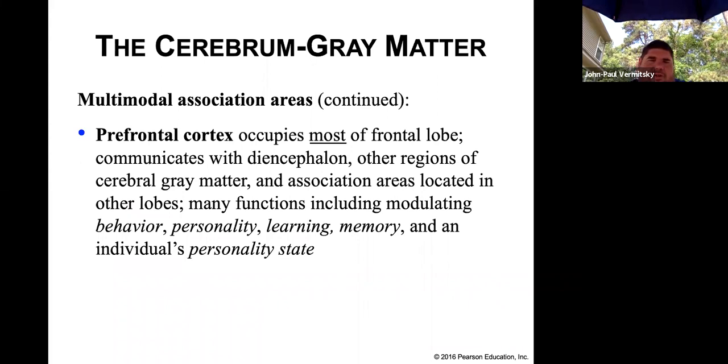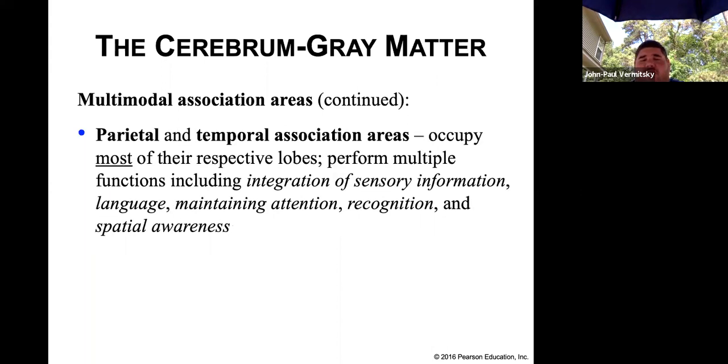The prefrontal cortex will occupy most of the frontal lobe. It communicates with the diencephalon, other regions of the gray matter, and the association areas located in other lobes. Many functions of the prefrontal cortex include modulating behavior, personality, learning, and memory, and it contributes to the overall personality state of the individual.